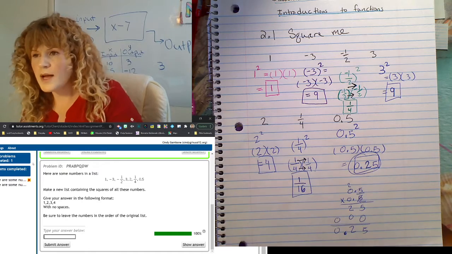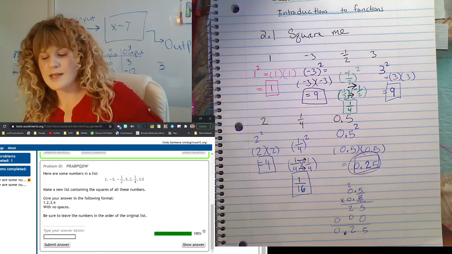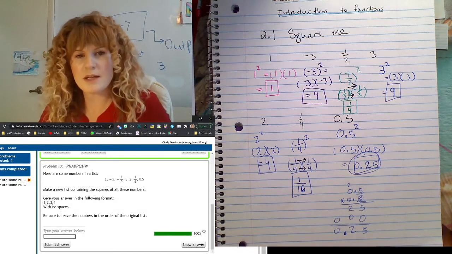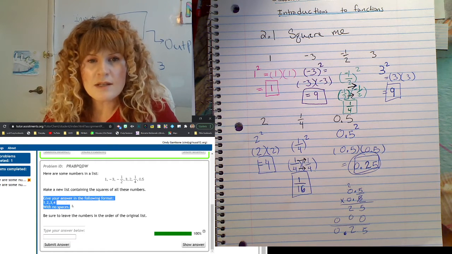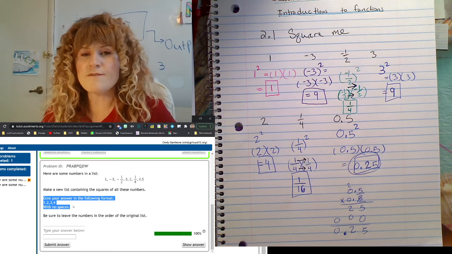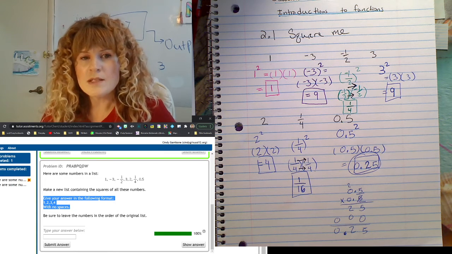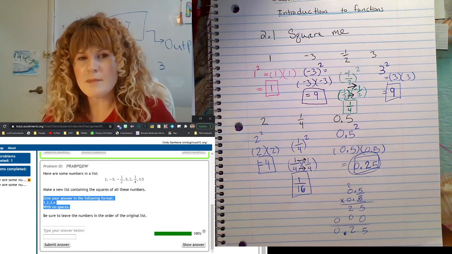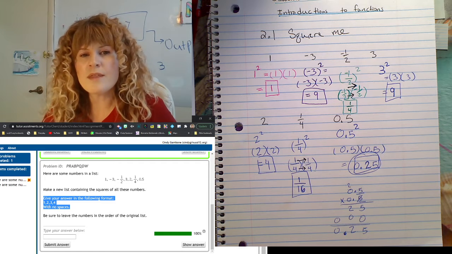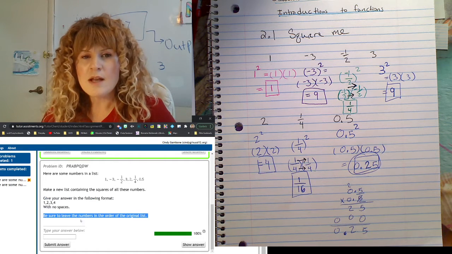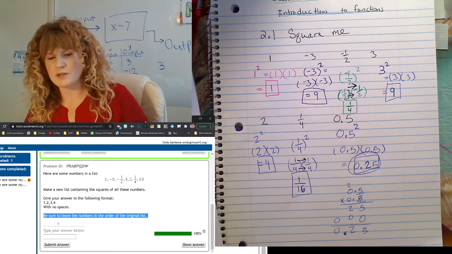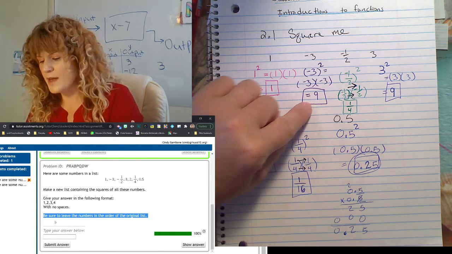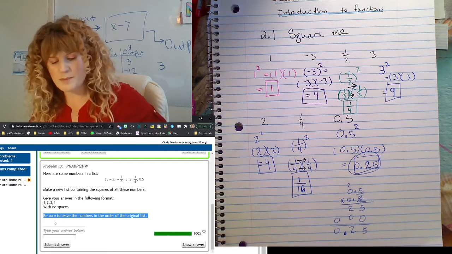But you have to follow the directions on the site to know how to enter your answer. Look at the site. It says here, give your answer in the following format: number, comma, number, comma, number, with no spaces. Be sure to leave the numbers in the order of the original list. So we're going to enter our answers with no spaces.